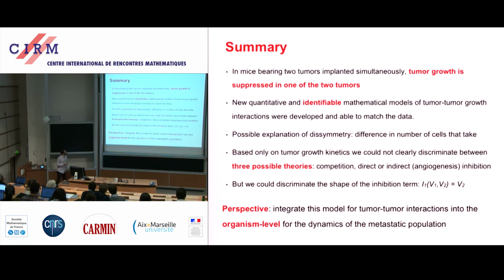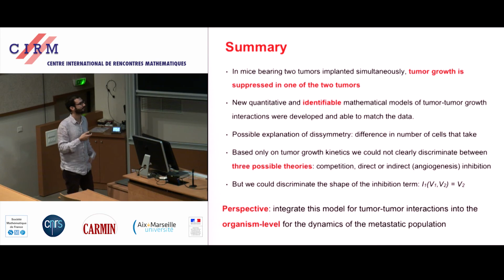And to summarize, to finish this last part: the main result, which was already seen without the modeling, is that in a mouse bearing 2 tumors implanted simultaneously, growth was impaired in one of the 2 tumors and not in the other.